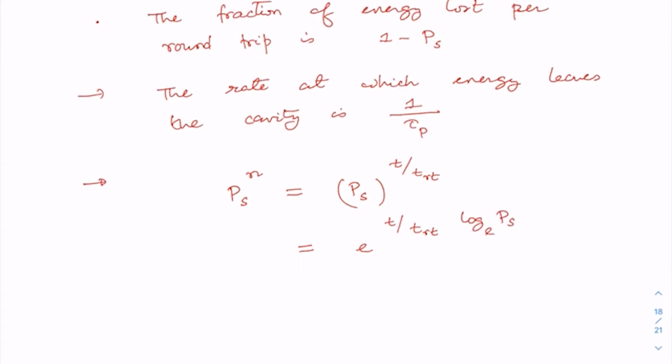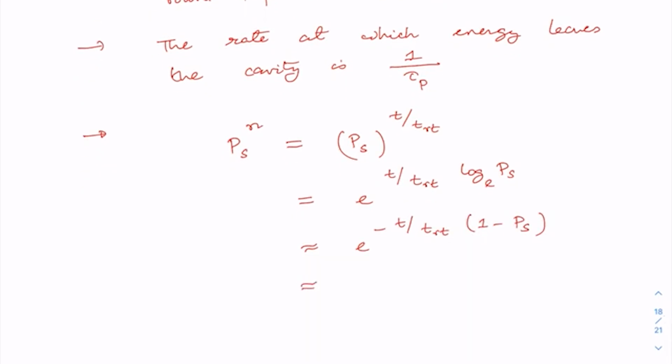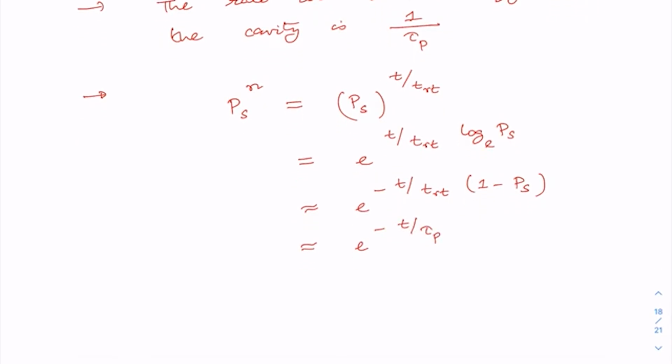This I can also write as e to the power minus t by TRT times 1 minus PS. I can write this because I already know the expression for the lifetime of the photon, tau p. While writing it, I have used the relation that logarithm of 1 plus x, for very small x, I can write simply as x, where I am taking x equal to 1 minus ps.